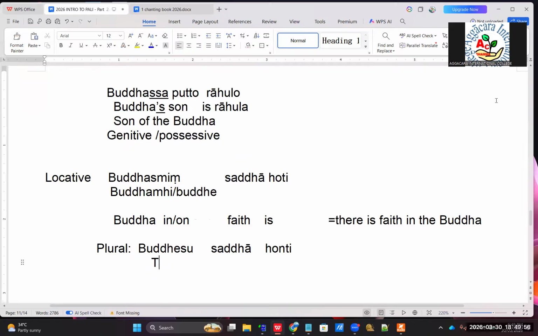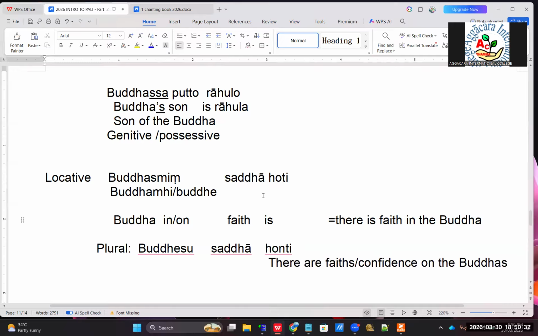There is faith in the Buddhas. All right. So Buddhasmin, Buddhamhi, Buddhe is singular. So you have to put plural: Buddhesu Saddha honti. So there is faith, or sometimes we can use the word confidence. There is faith or confidence in the Buddhas.